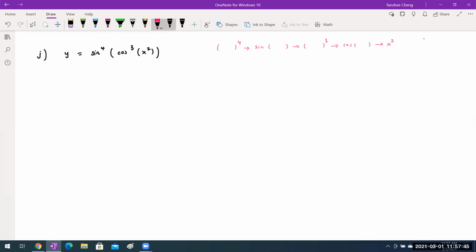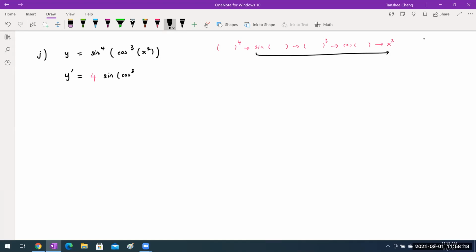When we take derivatives with respect to x of both sides, I'm going to take the power function first. So that means bring down the 4. And then inside of the power function is still the same function, which is everything below that. So the inside part is sine of what?